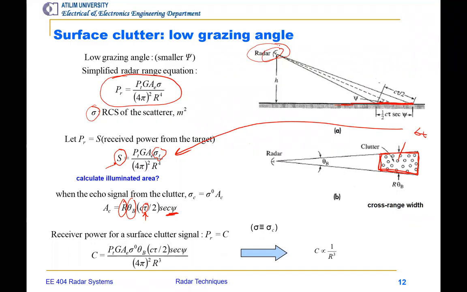Okay, and so the area from which we got clutter echo is going to be R times theta B, theta over 2, secant psi.